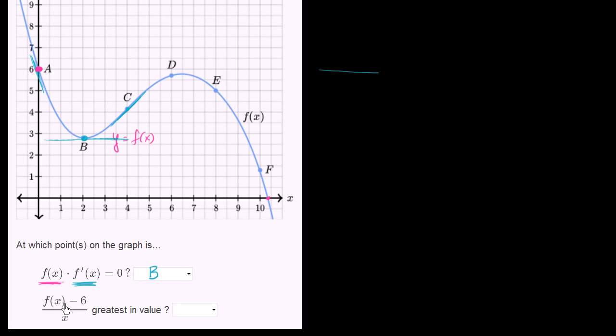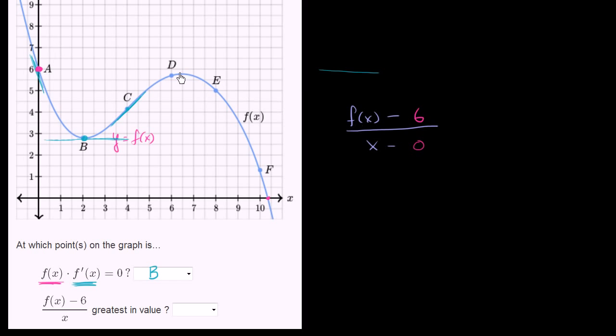So let me rewrite this. This we could rewrite as f of x minus 6 over x minus 0. So what does this represent?